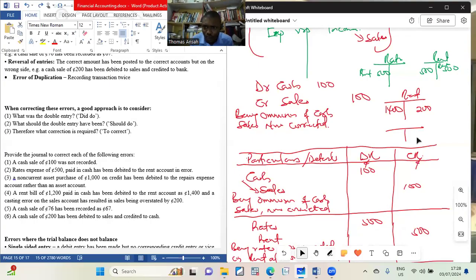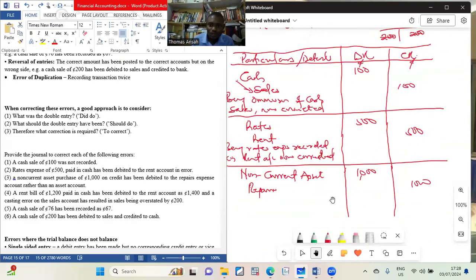So whatever figure that was here, they overstated it by 200. So which means that 200 must go away. So since we credited this account, we have another debit to do here, so that this one will cancel this one and this one will reduce this one to 1,002. So that is it.